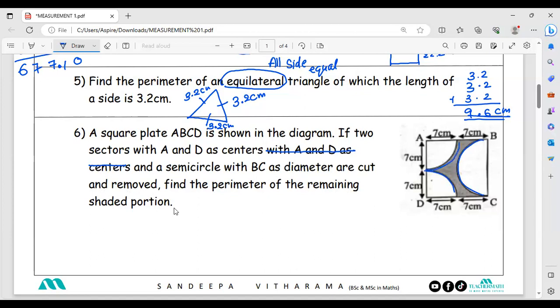We have to find the arc lengths. Then the arc length of the semicircle is half into 2 into 22 upon 7 into r, where r is 7. You have to add this to 2 into 22 upon 7 into 7 into 1/4.